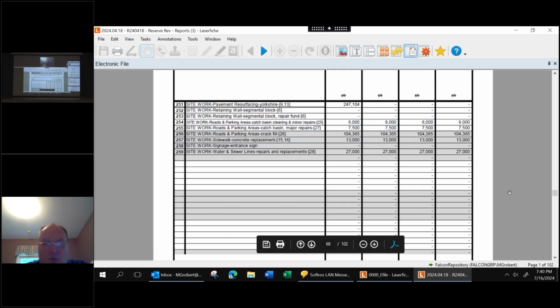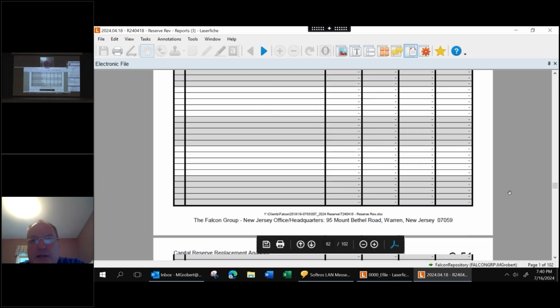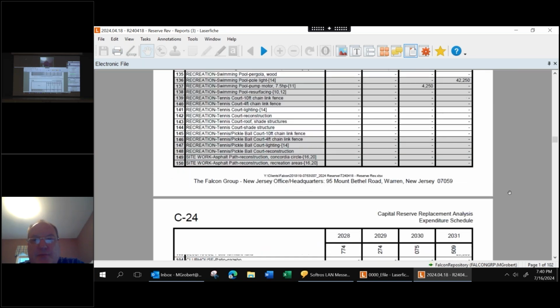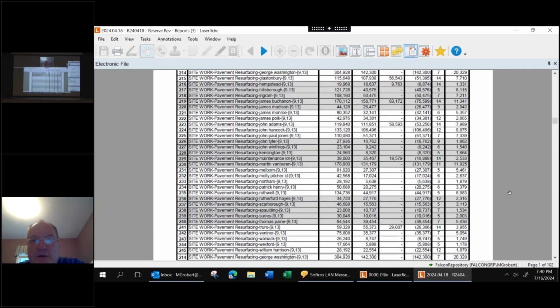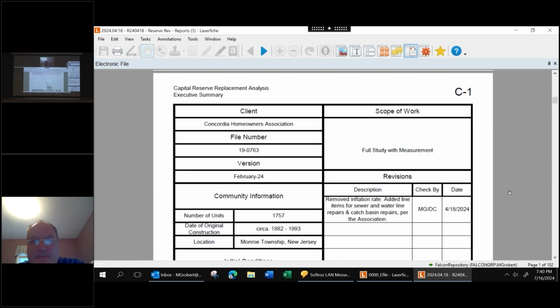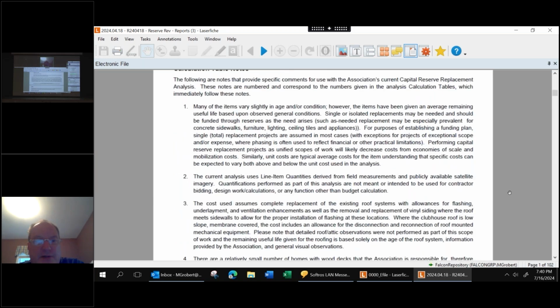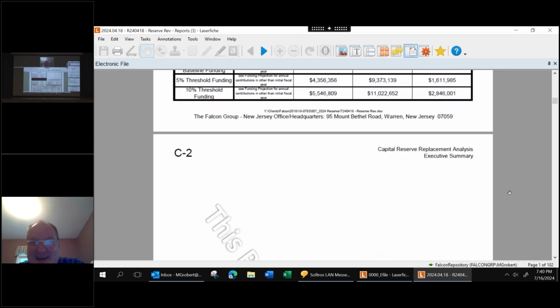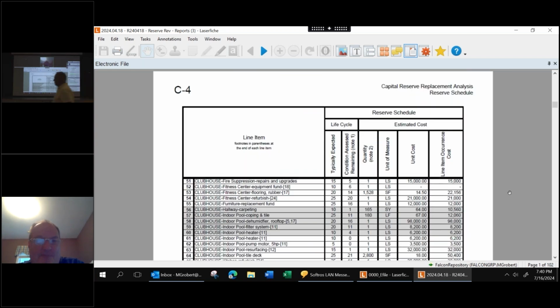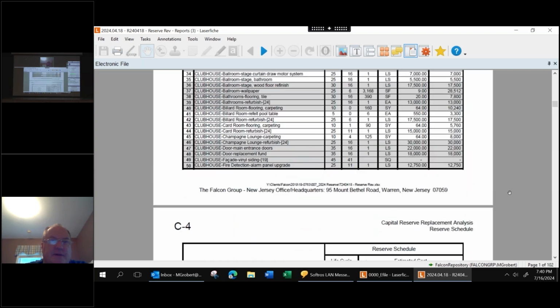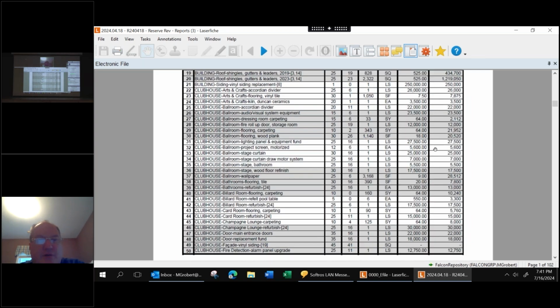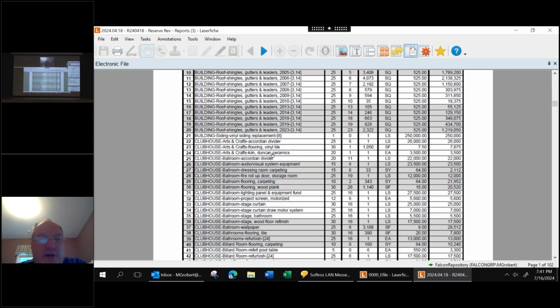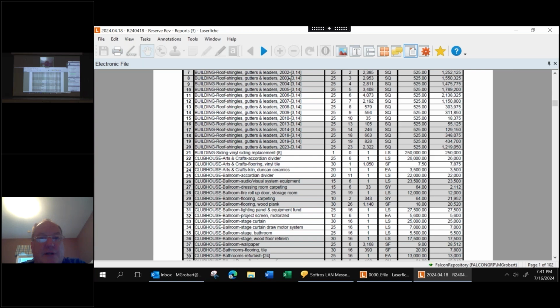Thank you. So what we have here, if you look at the schedule, C3 through page C8, you'll see next to the various line items, not all of them, because some are self-explanatory, like everybody knows what carpeting is, everybody knows what a stage curtain is, but for instance, shingles, gutters, and leaders, there's a 3 and a 14 in parentheses.